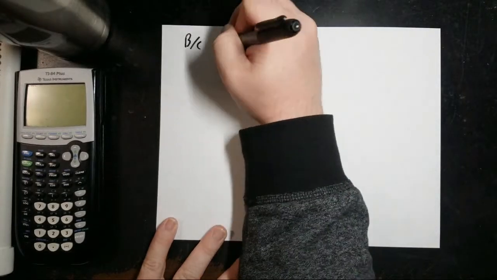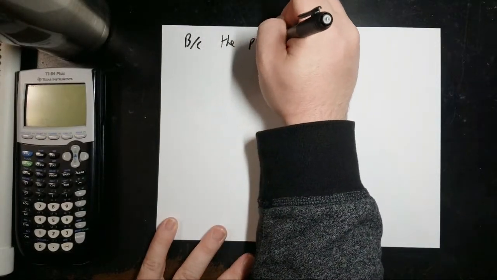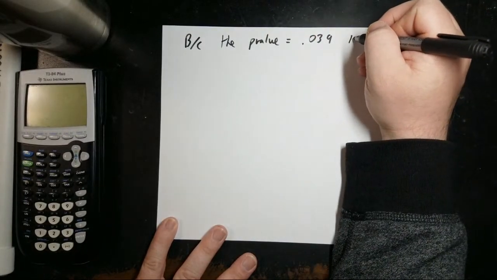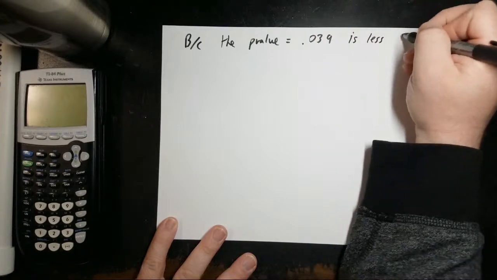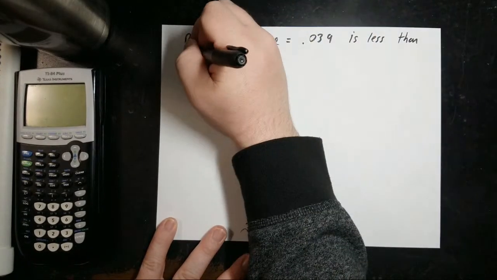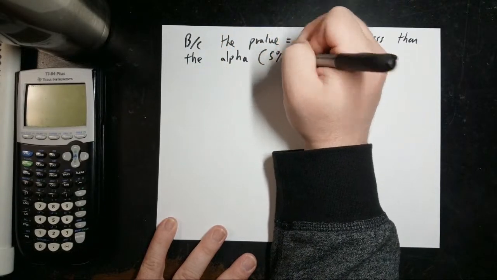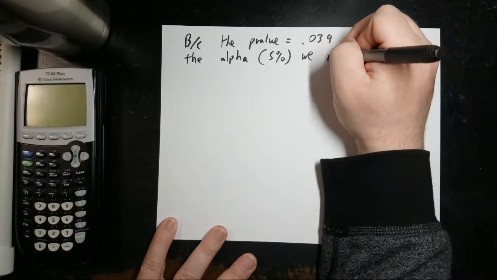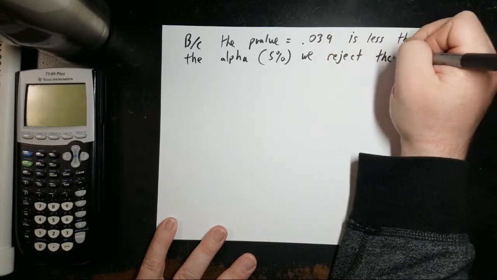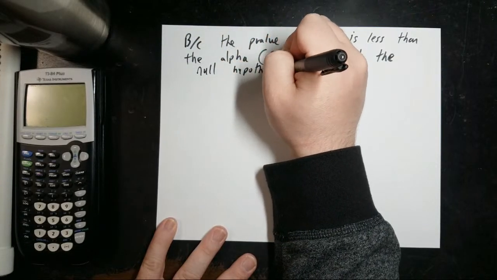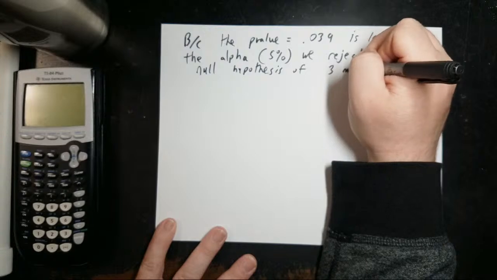So, because the p-value of 0.039 is less than the alpha, which in this case is 5%, we reject the null hypothesis of 3 minutes.